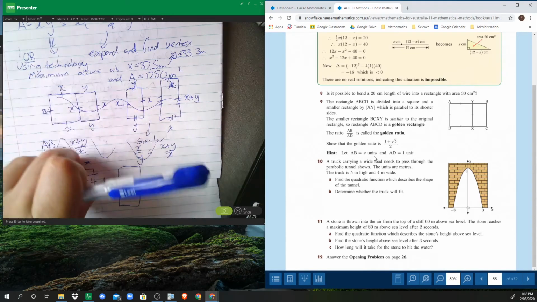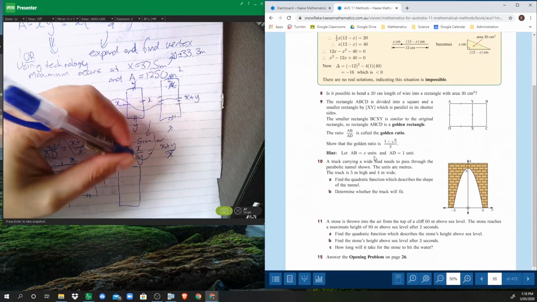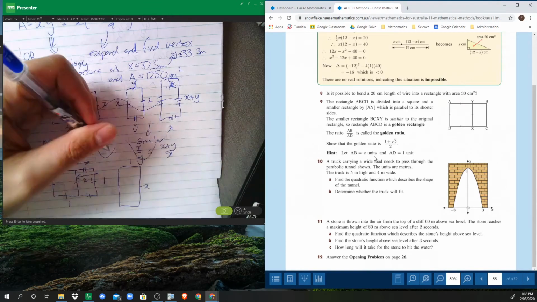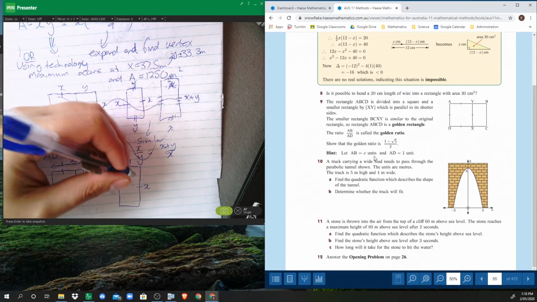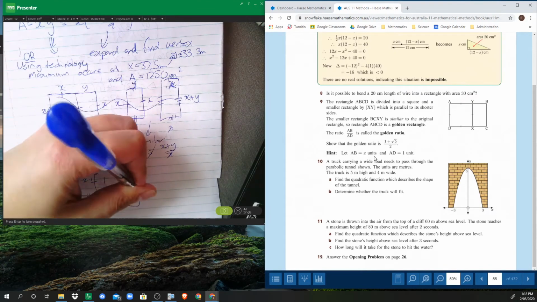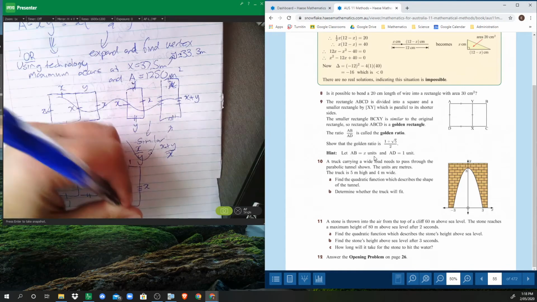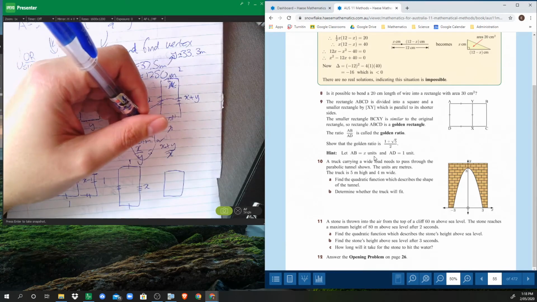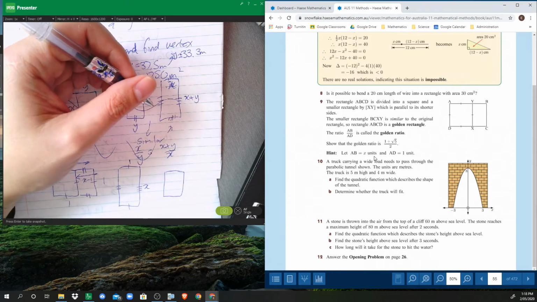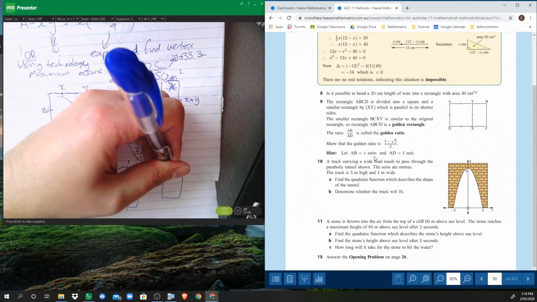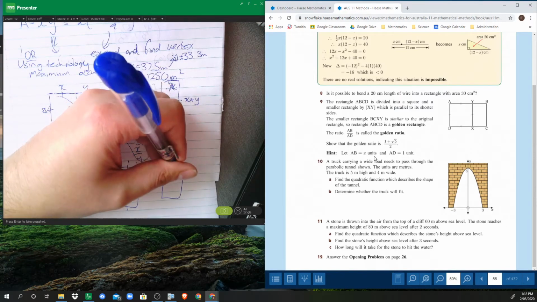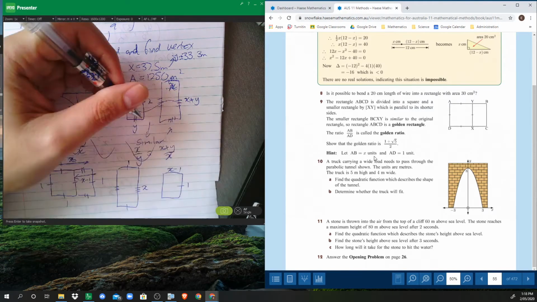The larger rectangle, this one just turned around, is 1, x, and the smaller rectangle is x minus 1 and 1.